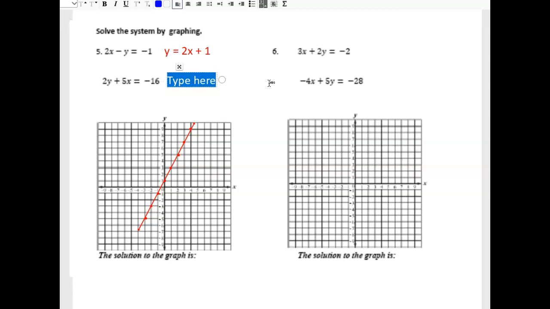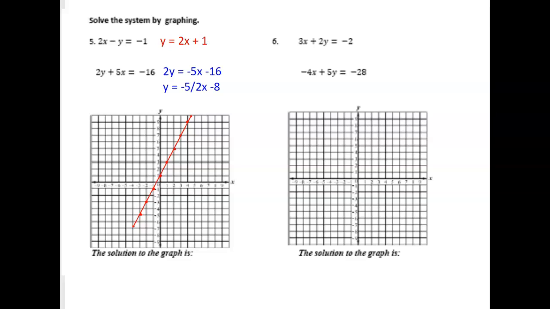So we're going to subtract 5x, so that leaves 2y equals negative 5x minus 16. And then we need to divide by 2, so that gives y equals negative 5 divided by 2, so that's my slope, x. Negative 16 divided by 2 is negative 8.